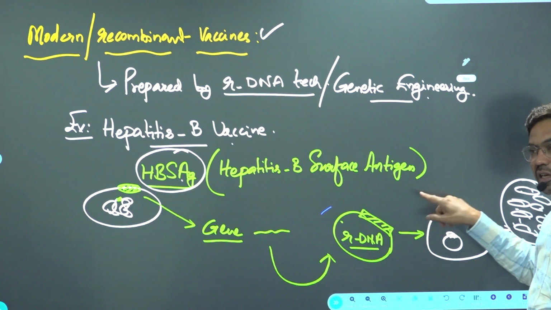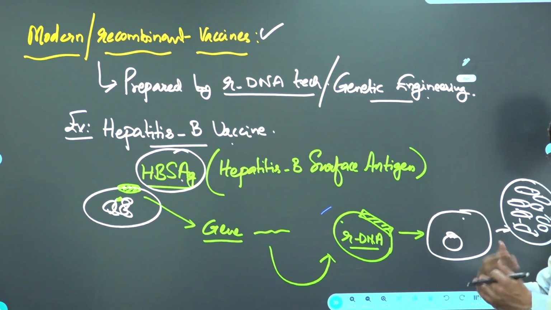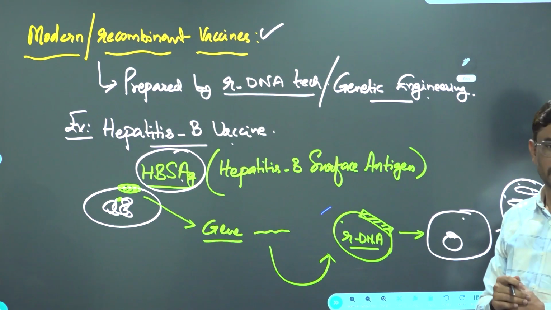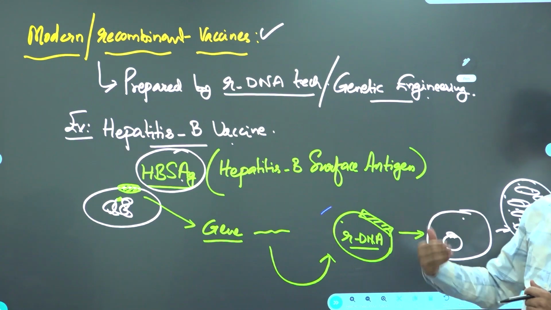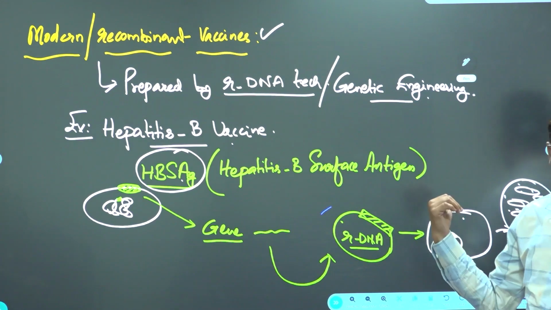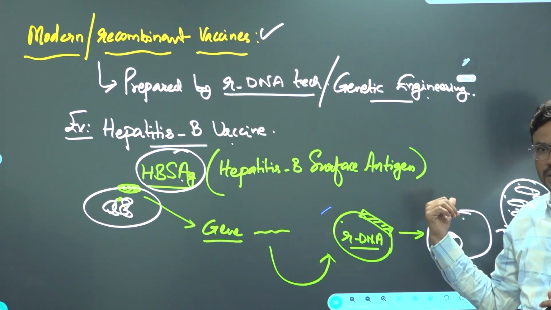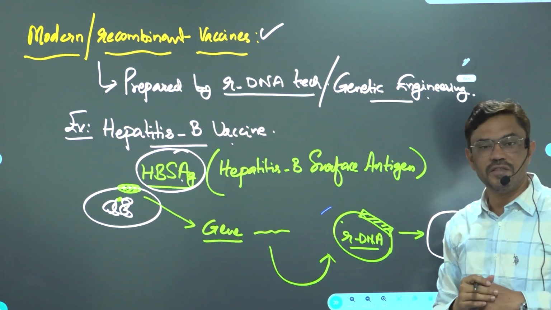This rDNA is introduced into the host organism, which is multiplied. From this, multiple copies of the protein can be produced. The protein is extracted, purified, and can be used as a vaccine in the form of injections. Is it clear?